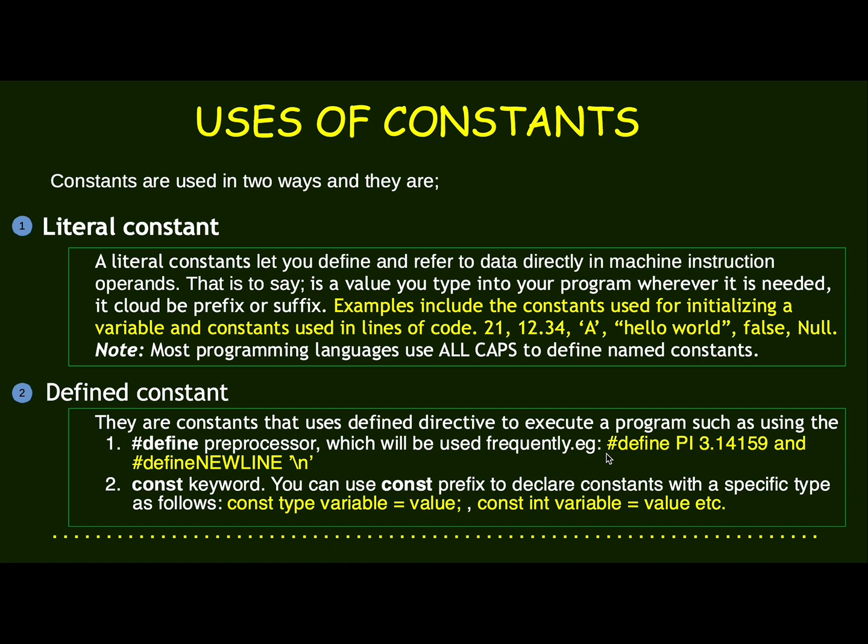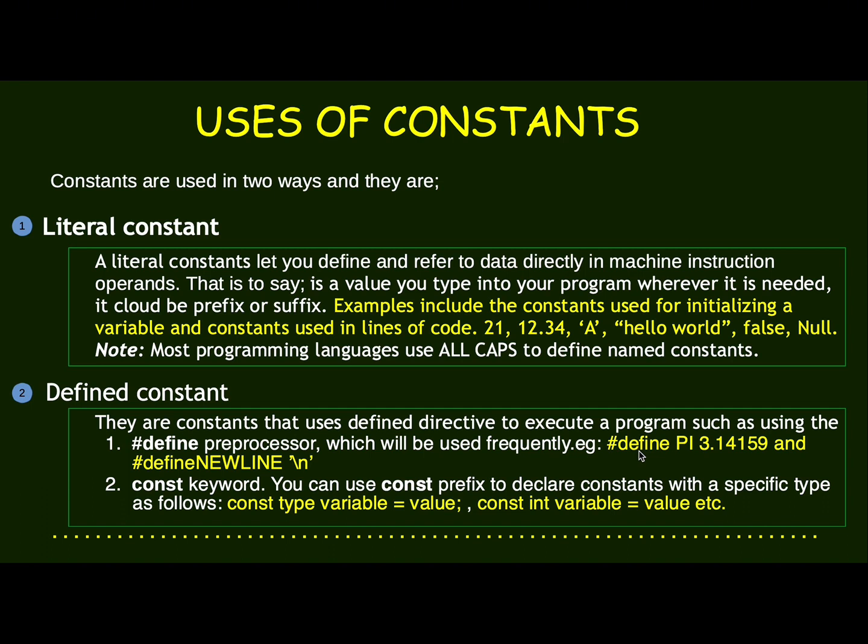Examples are this: #define PI, which comes with a name and the figures. Then #define NEWLINE, which comes with the apostrophes, the backslash, then n. In this form, you are defining a particular constant that will work throughout the program and never change.